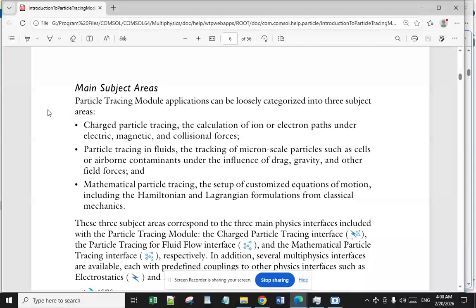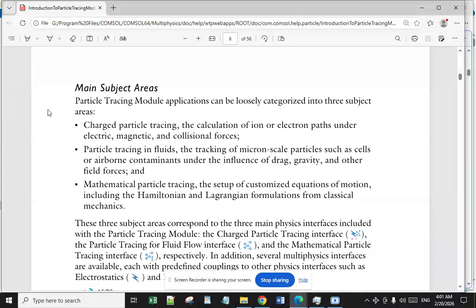Particle tracing module applications can be loosely categorized into three subject areas. The first is charged particle tracing, the calculation of ion or electron paths under electric, magnetic, and collision forces. The next one is particle tracing in fluids, the tracking of microscale particles such as cells or airborne contaminants under the influence of drag, gravity, and other field forces.